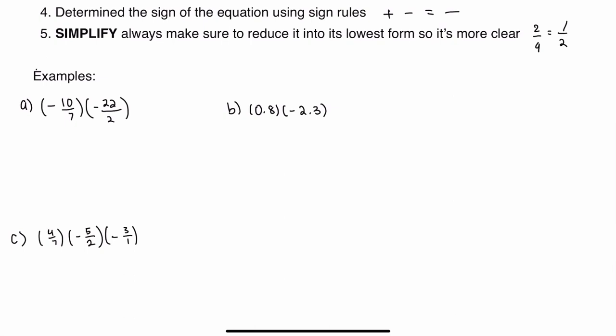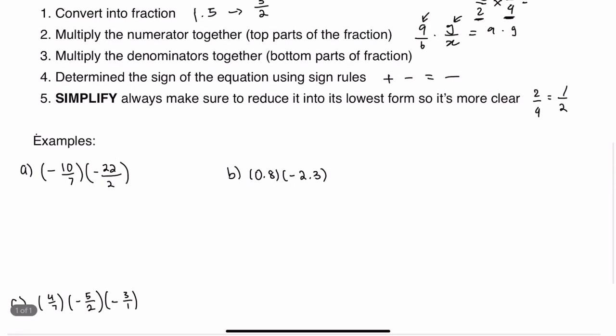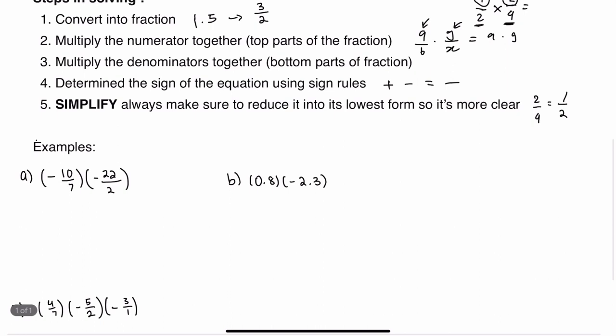So for this first one, we have minus 10 over 7 times minus 22 over 2. Looking at our steps in solving, it's already in fractions, so number 1 is good. Next, we're going to multiply the numerators together. So minus 10 times minus 22 gives us 220.